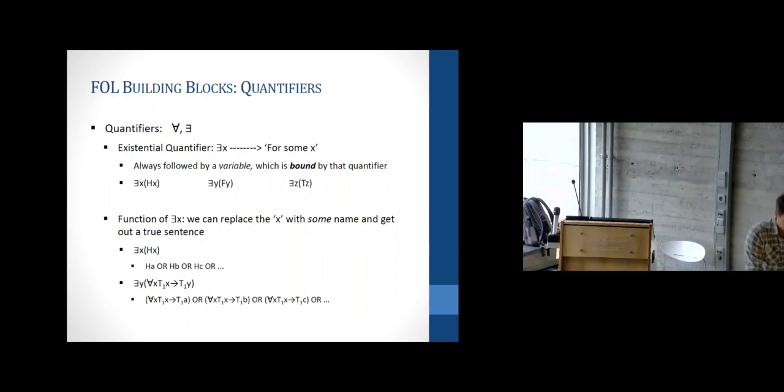So if I'm saying there is one thing on this table which is black, that there is an x such that x is black, this will be true for, let's call my phone, Phony the phone. Phony the phone is black.